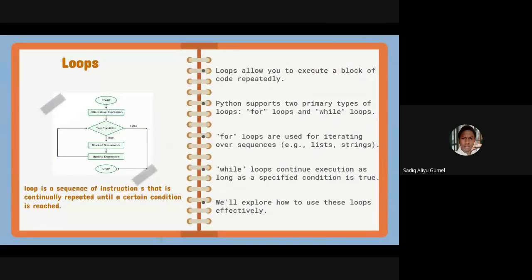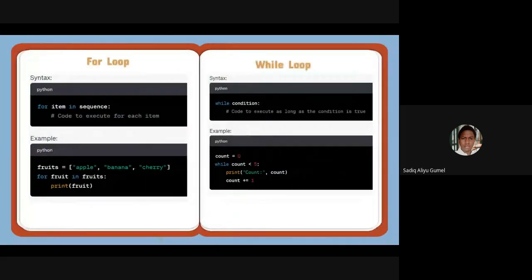Then we have the while loop. A while loop continuously executes code as long as certain conditions are true. From the moment that condition becomes false, it will not continue to execute that code. We will explore this also during our practical session. Let's have some code snippets.